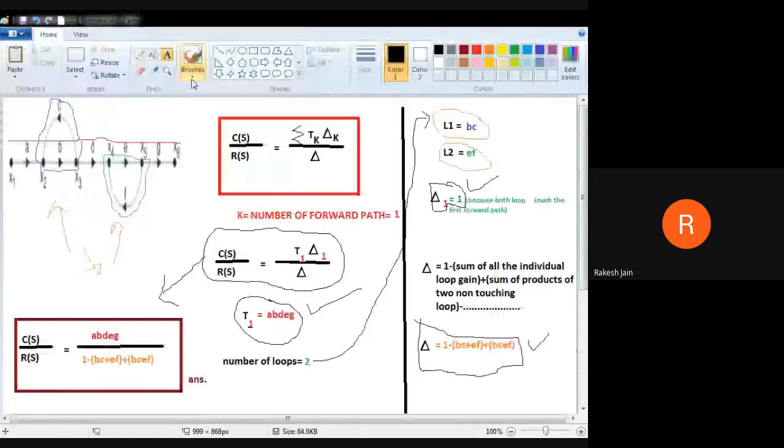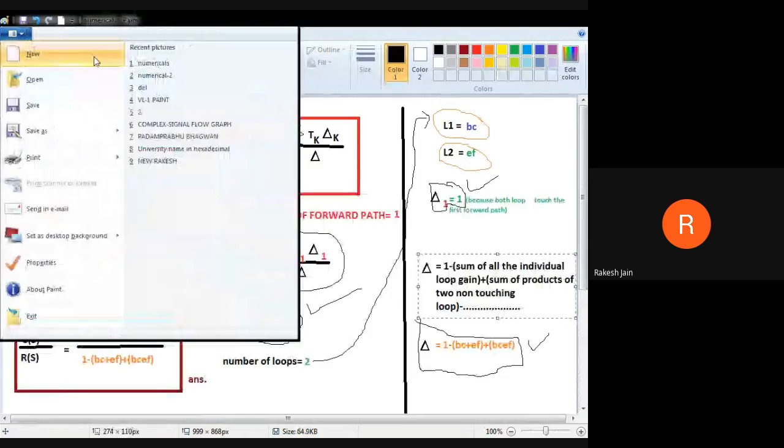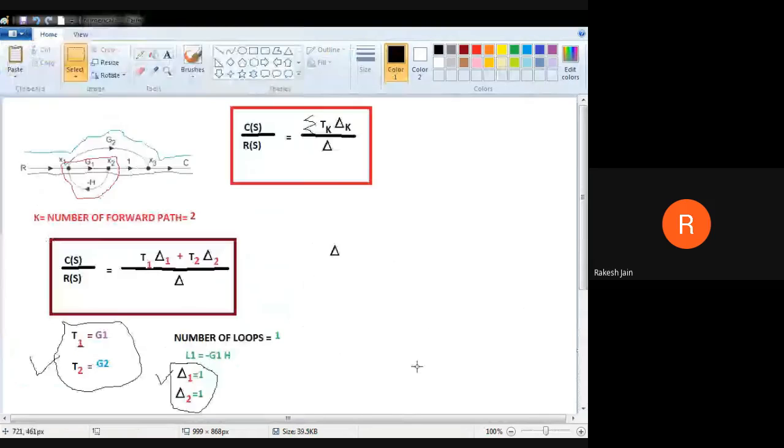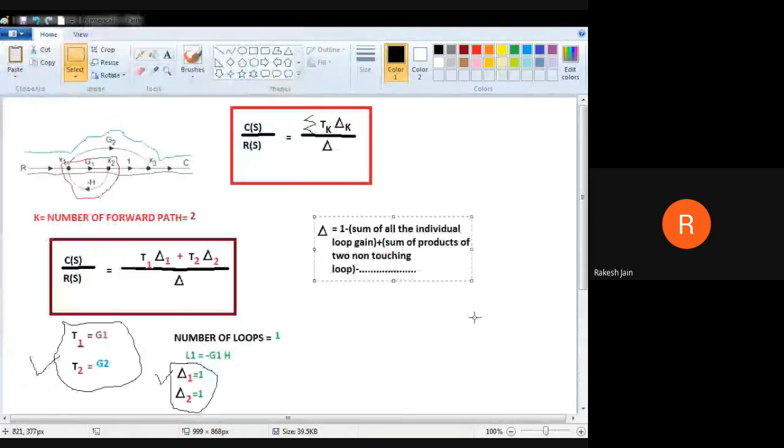I just copy the formula from the previous question which I just taught you. So del is equal to 1 minus sum of all the individual loop gains plus sum of products of two non-touching loops minus sum of three non-touching loops and so on.